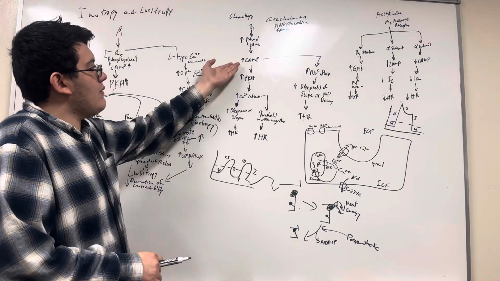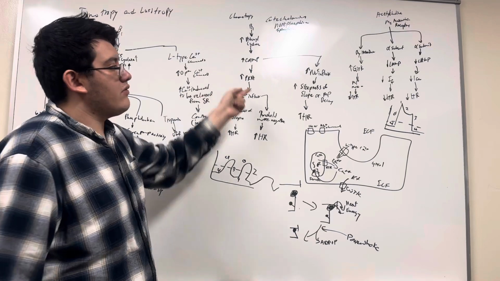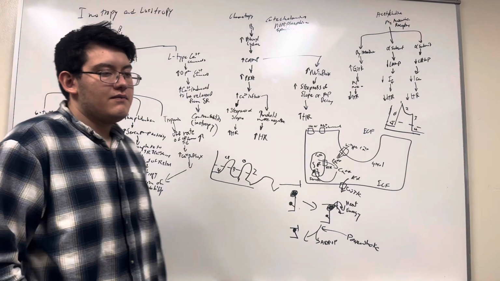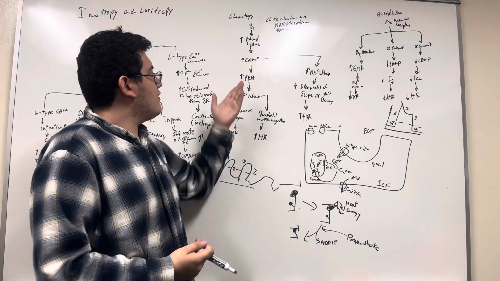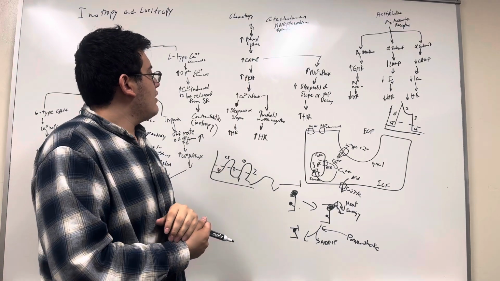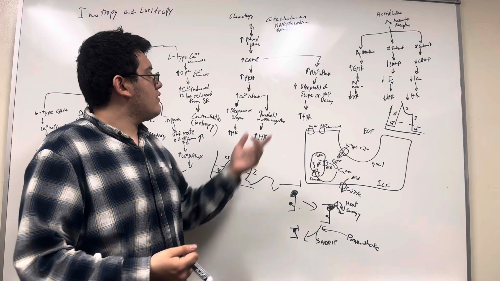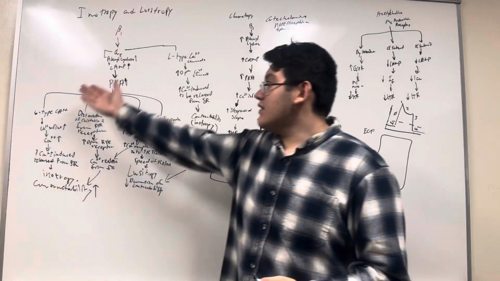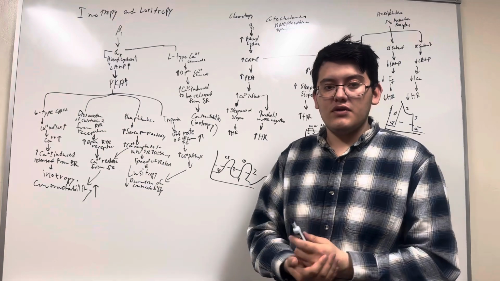And so what else happens? When cyclic AMP increases, it also increases our PKA, as we talked about over here, protein kinase A. And so when protein kinase A increases, it increases our influx of calcium, as we've seen here in the inotropy lusitropy chart.